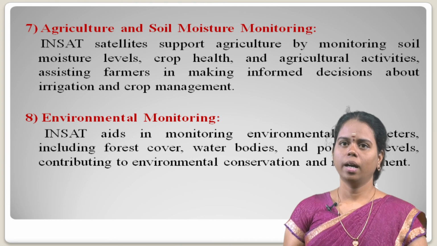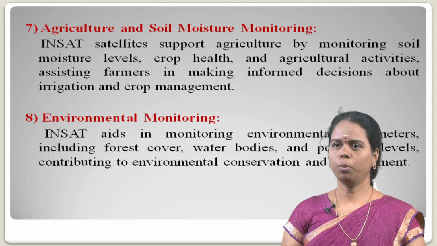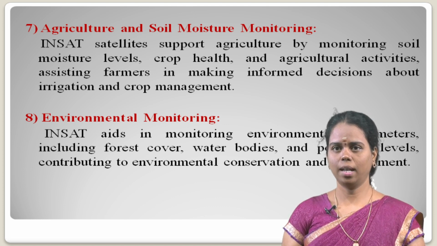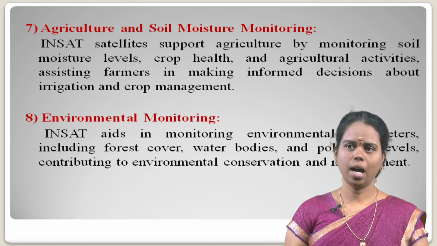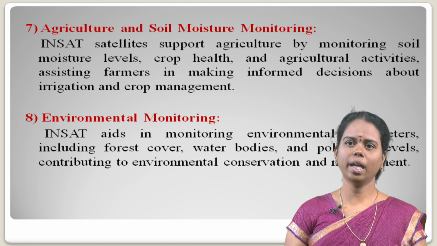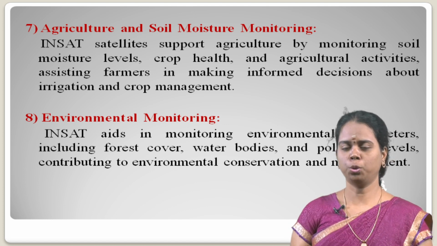Seventh one is agriculture and soil moisture monitoring. INSAT satellites support agriculture by monitoring soil moisture levels, crop health and agriculture activity, assisting farmers in making informed decisions about irrigation and crop management.